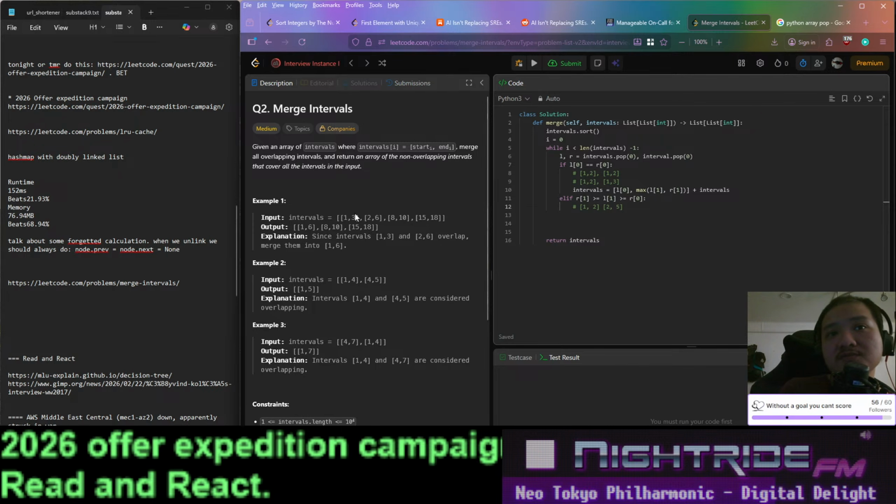So 3 is in this range. Is 2 in this range? Looks like, yes. So it has to be greater than this and less than the other one.